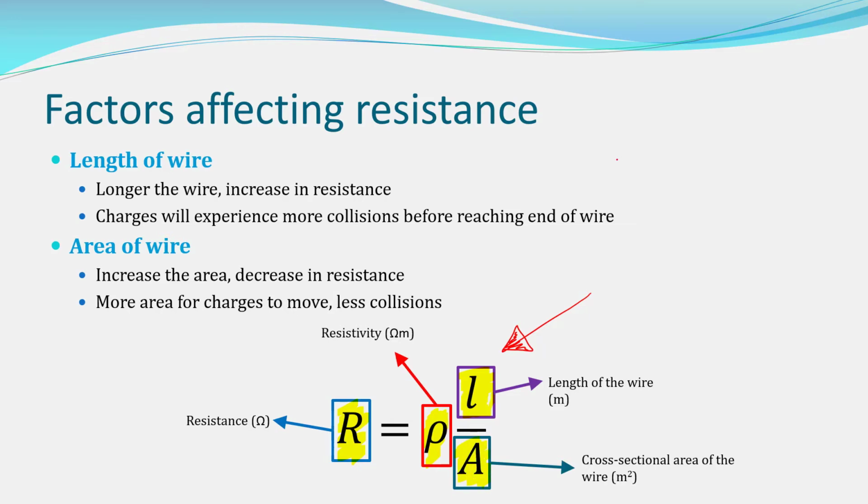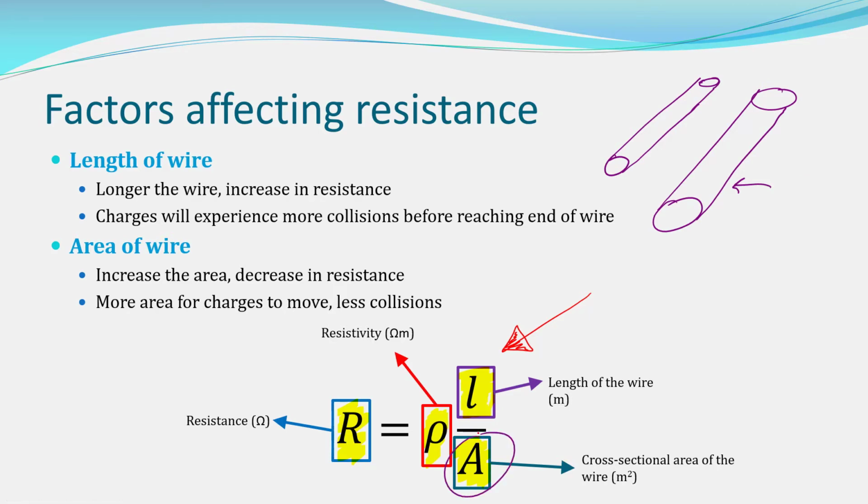So if I were to draw two wires, so if we do it close up, there's one wire, and then I draw another wire, and you can see that it's a thicker wire. Then, as you'd expect with the water analogy, you're going to have more water molecules flowing through this wire, so because it allows more water to flow through it, it's going to have less resistance. And that's why area, so the cross-sectional area, if you know your maths, is the area of a cutout through, so it's this area here.